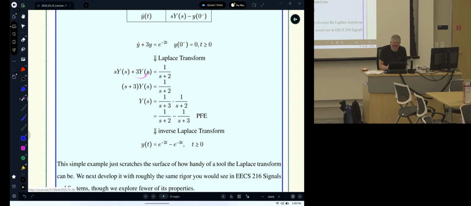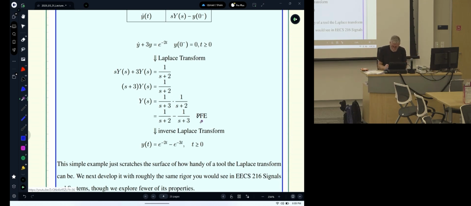This is 3 times Y of s. And since this is t greater than 0, the unit step is implied, and e to the minus at goes to 1 over s plus a. It's algebra. We solve for this. That's a product.